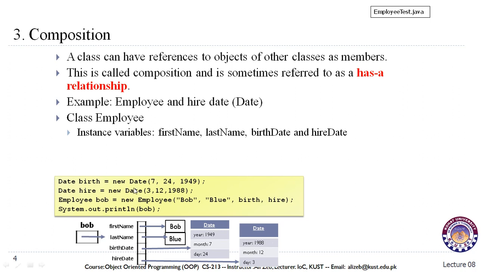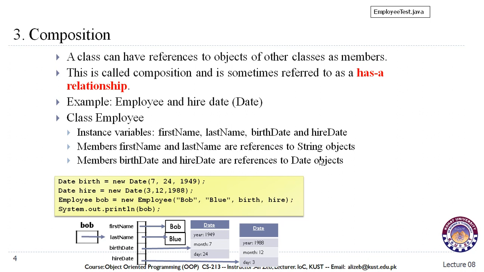So for example, the instance variables of the employee class now are the first name, the last name, the birth date, and the hire date. Members first name and last name are references to string objects, as we saw in the employee example in our previous lecture. And members birth date and hire date are references to date objects.